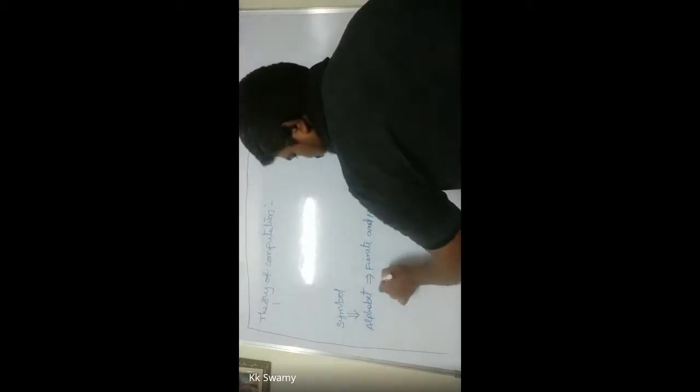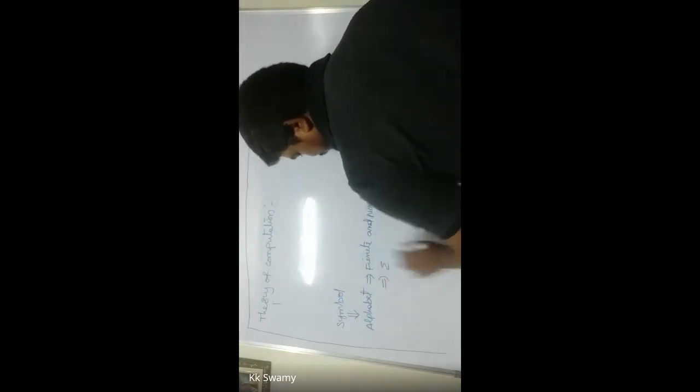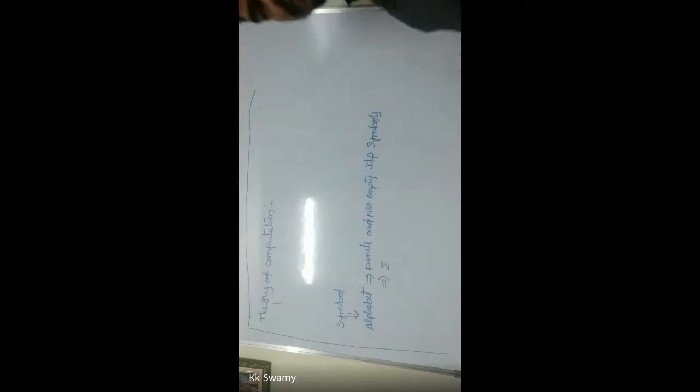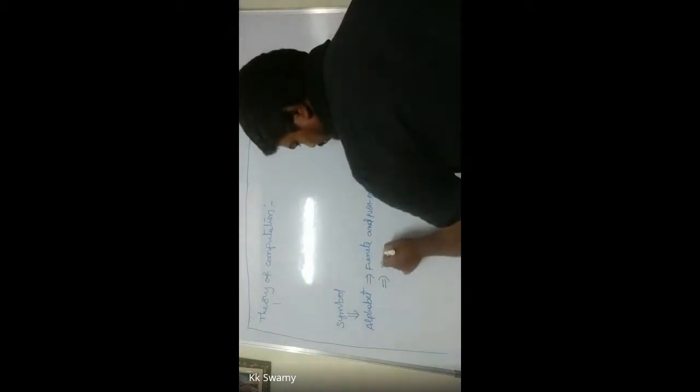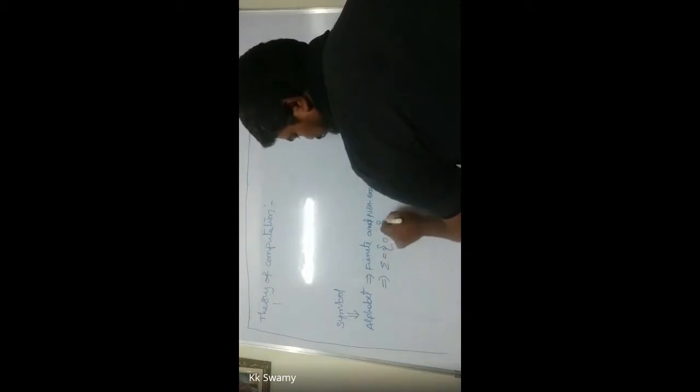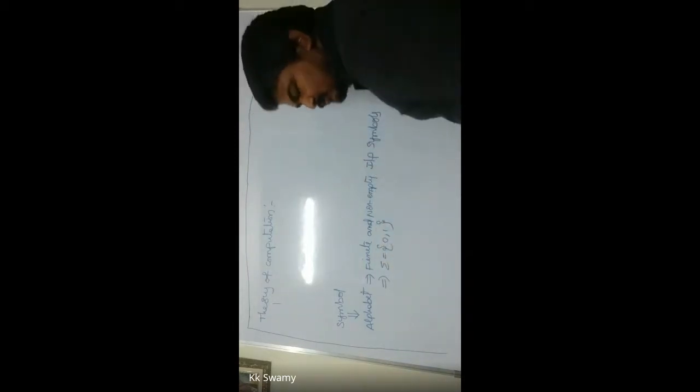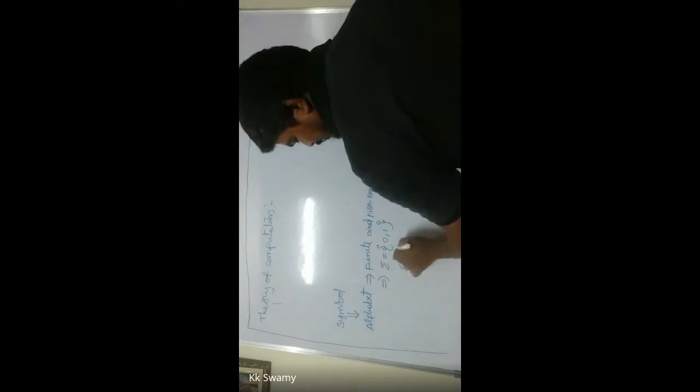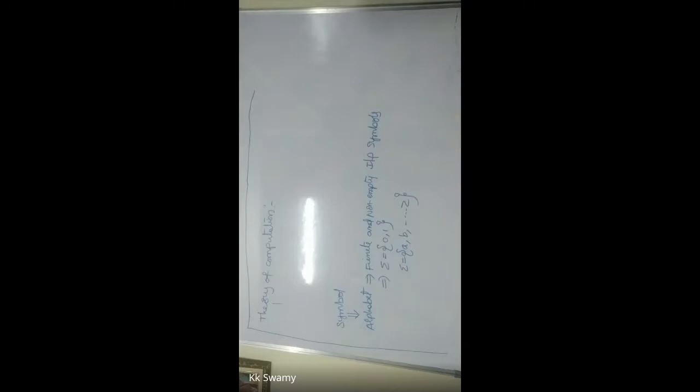The second point is that alphabets are represented by sigma. Suppose you take the binary language, the alphabets are 0 and 1. If you take the English language, the alphabets are A, B, C until Z. Any alphabet set must be finite, then only it is considered an alphabet.